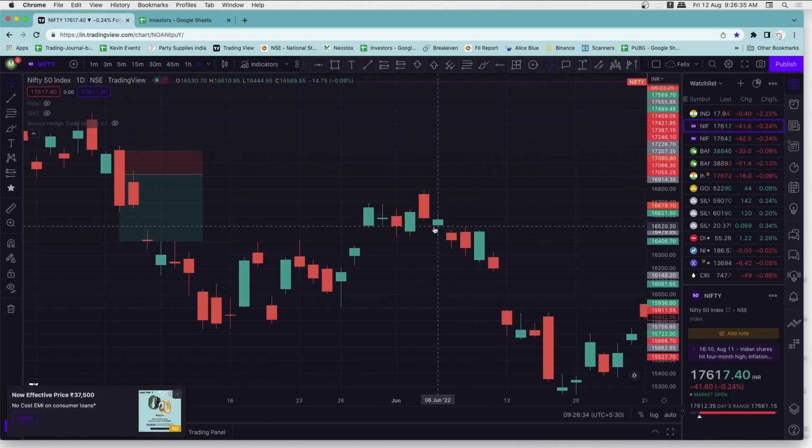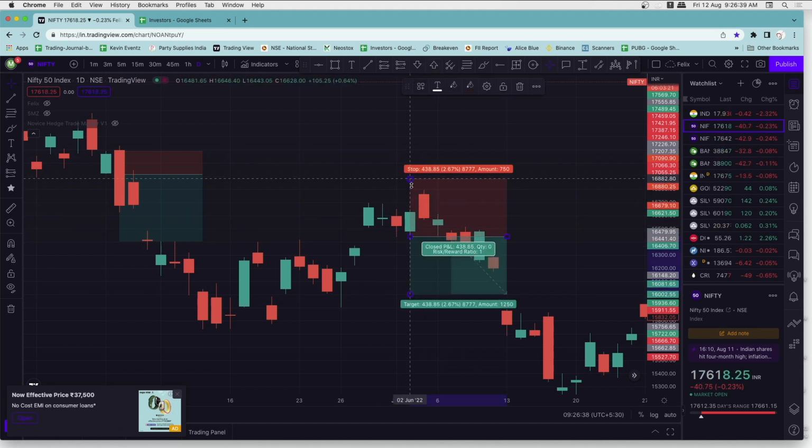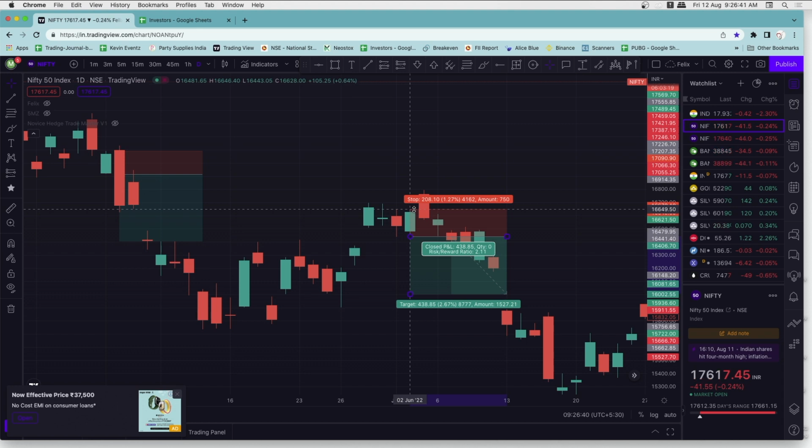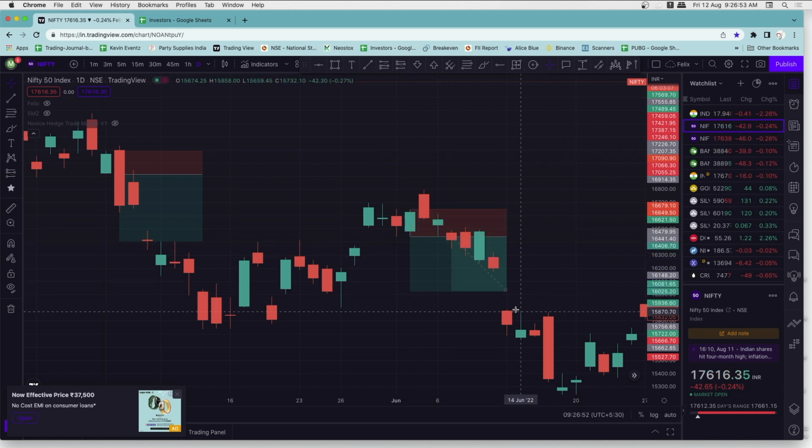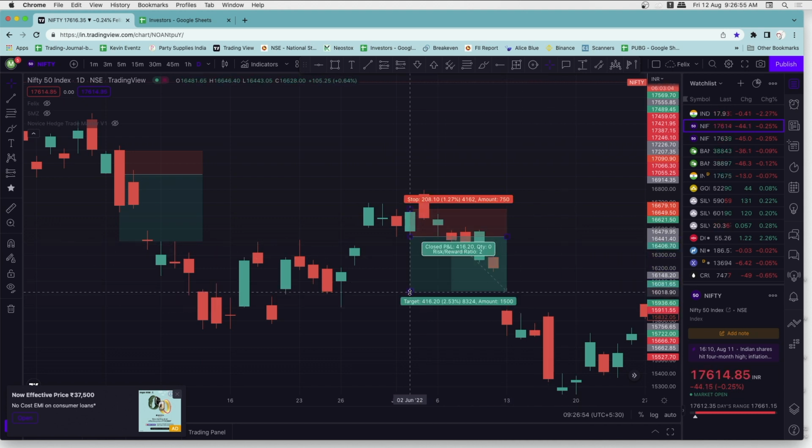And here, it will be a short position on June. The trade was executed somewhere here, the short position, and since it is 200, we will be having only 1:2 risk reward. Even though it is 1:2 risk reward, it will be exited once the market opens somewhere here, right?